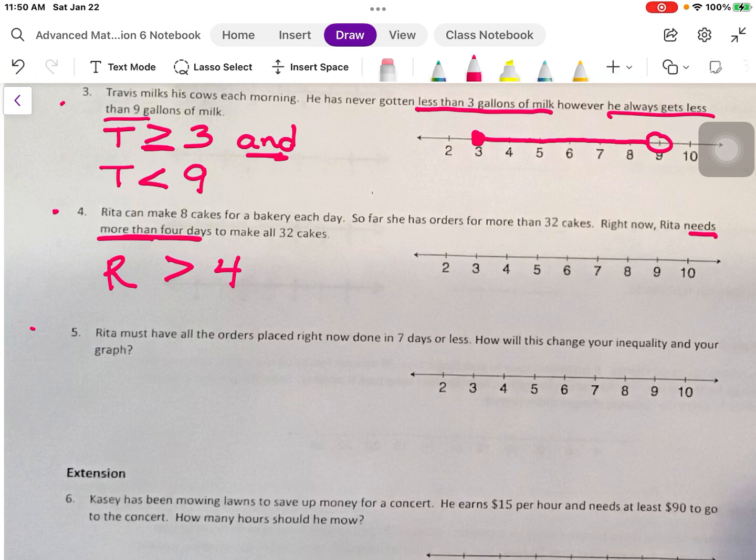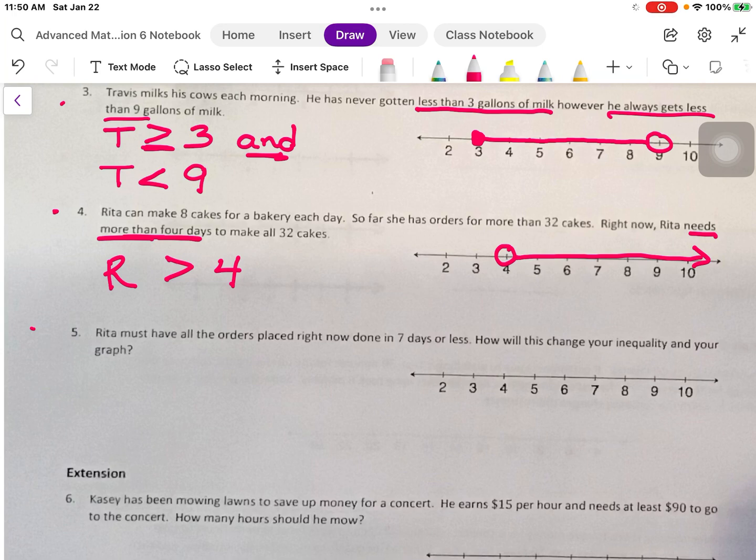Because it says more than, we aren't going to put equal to. We're going to just put more than. We assume 32 divided by 8 is 4, so it could be equal to, but we have to go with the wording, and it does say more than 4. So we're going to leave it like that, and we're going to find our 4. We're going to leave it open, and R has to be greater than.